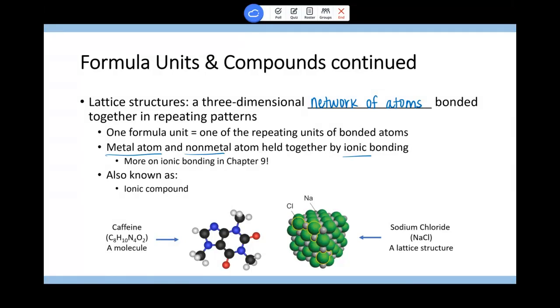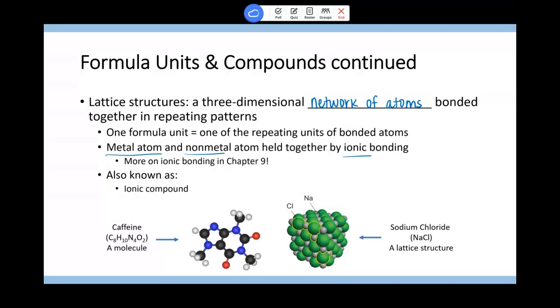Sodium chloride is going to be an example for a few slides. But here, sodium chloride exists in this lattice structure. And you can see the difference between caffeine. Caffeine exists as its own molecule. Sodium chloride exists as a lattice structure where there are multiple chlorine atoms and multiple sodium atoms in this lattice. And so this picture outlines a few formula units, one sodium and one chlorine atom.